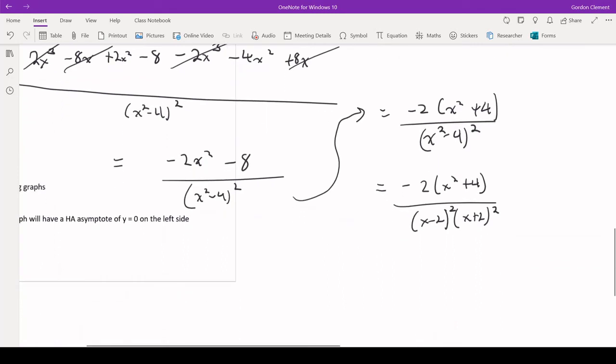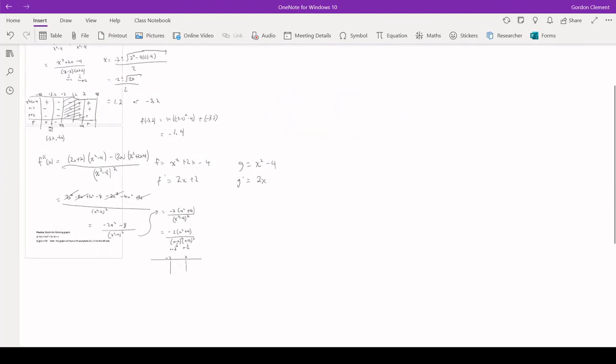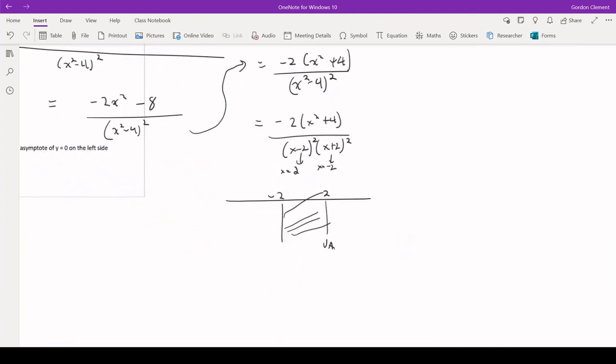So we're ready for our factor table for the second derivative, because all we have is the 2 and the minus 2. Because that top x squared plus 4 is never going to be 0. It's always going to be positive. And we already know that that's the region that doesn't exist. We know these are our vertical asymptotes. So we've got a negative 2, which is always negative.